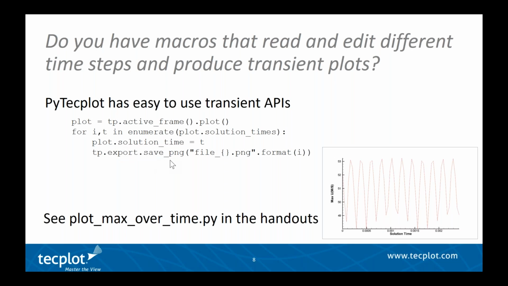And if you want to do something a little bit more fancy, you can use plot max over time.py. This is also available in the handouts to say extract the maximum velocity or maximum u velocity here and plot it over time.